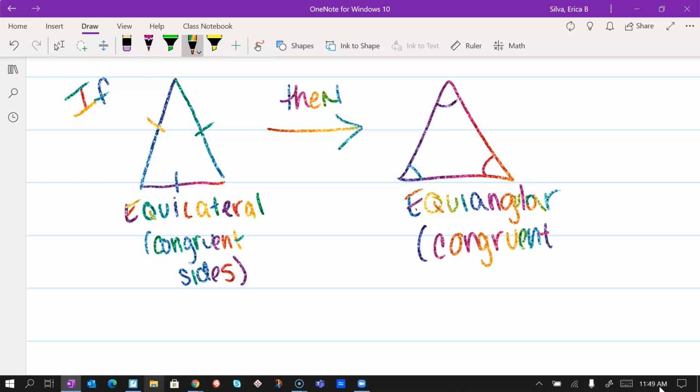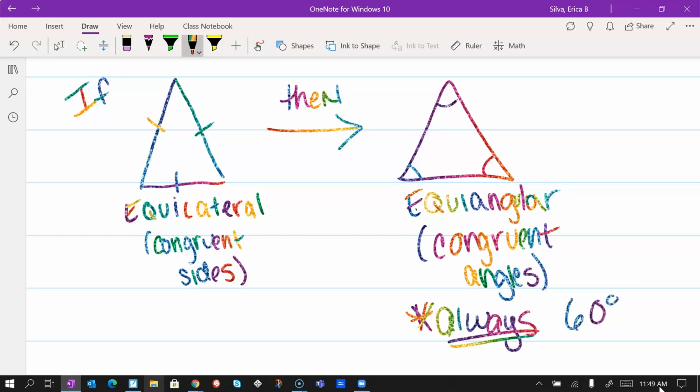And what is the measurement for each angle? Perfect. And put a little star, always 60 degrees.